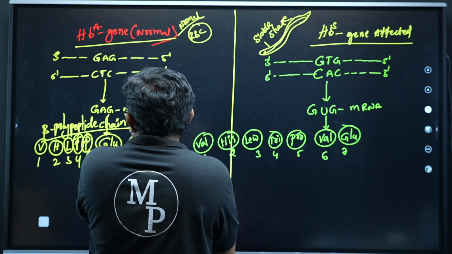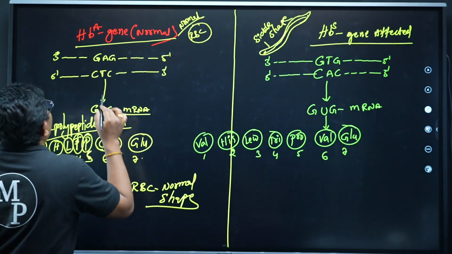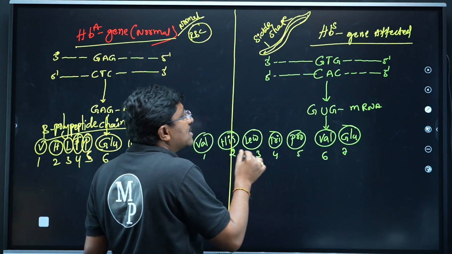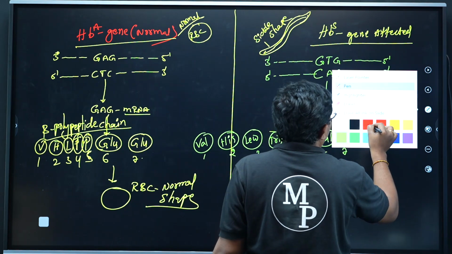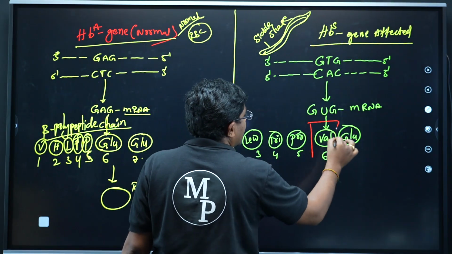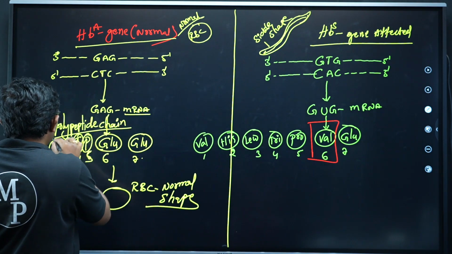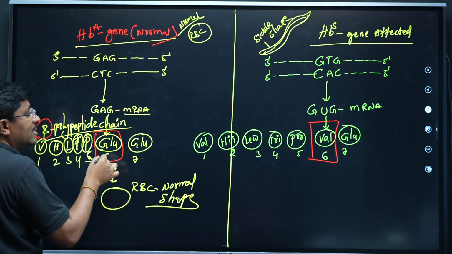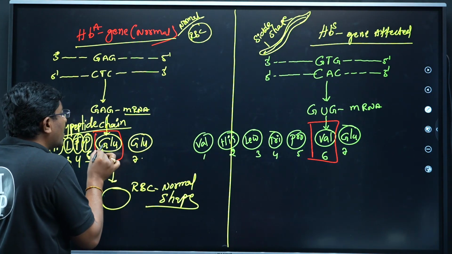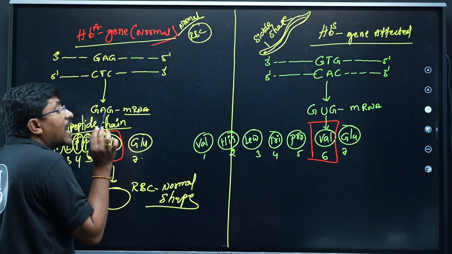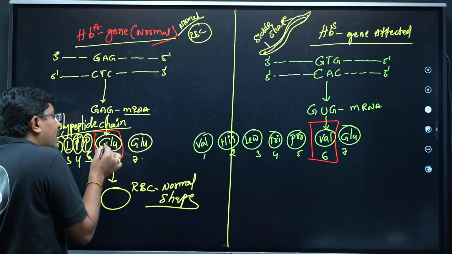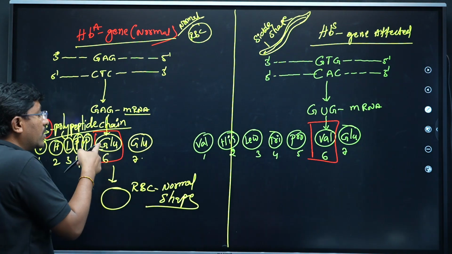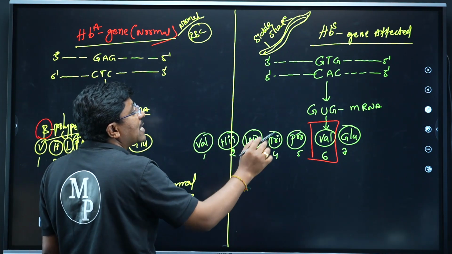Okay, so what happened here is, it is an important thing: in the beta polypeptide chain, the sixth place amino acid is changed, meaning valine is added in place of glutamine.